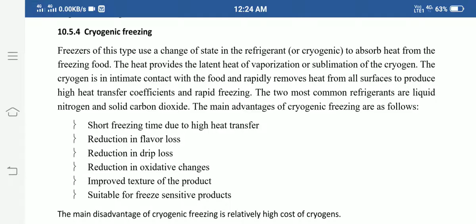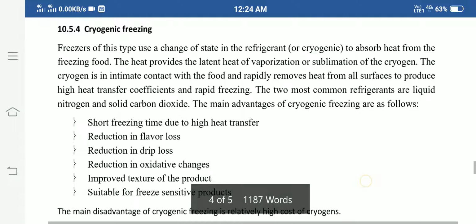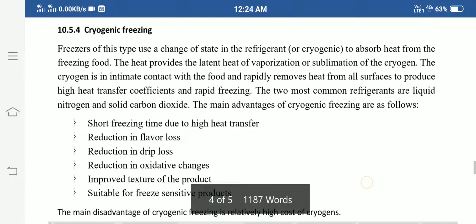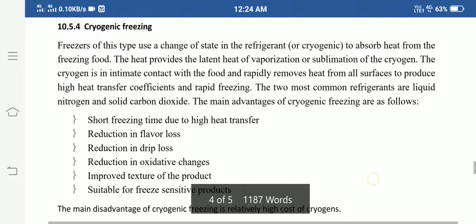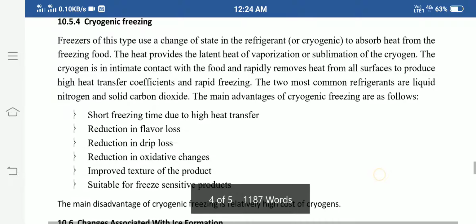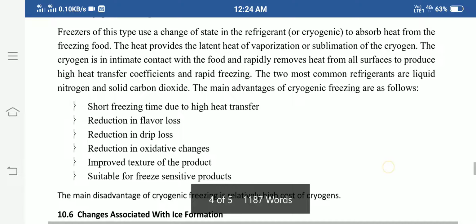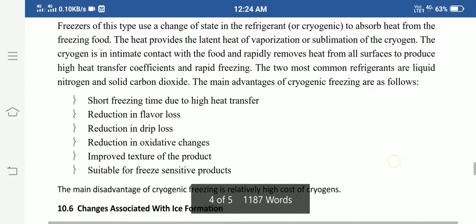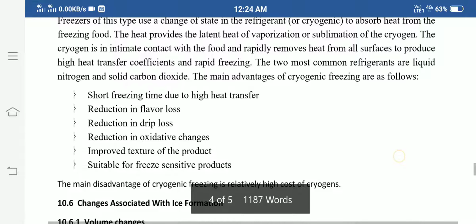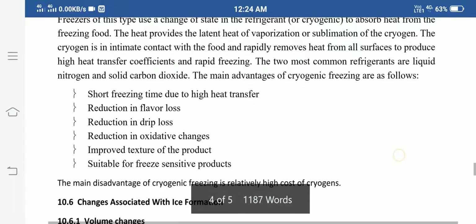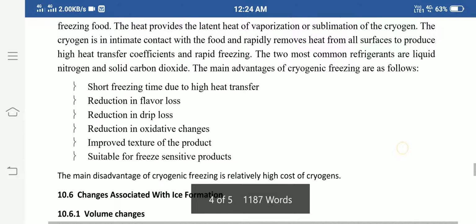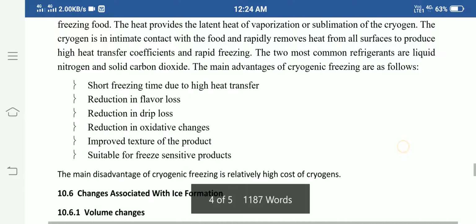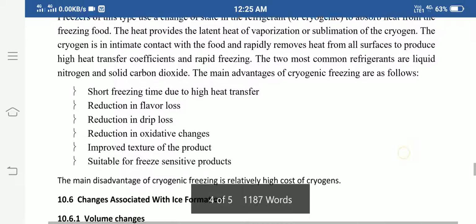Now, cryogenic freezing. In this freezing, the refrigerant absorbs heat from the freezing food. The heat provides the latent heat of vaporization or sublimation of the cryogen, and the cryogen is in intimate contact with the food and rapidly removes heat from all surfaces to produce a high heat transfer coefficient and rapid freezing.